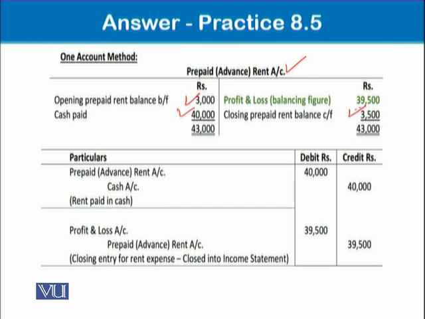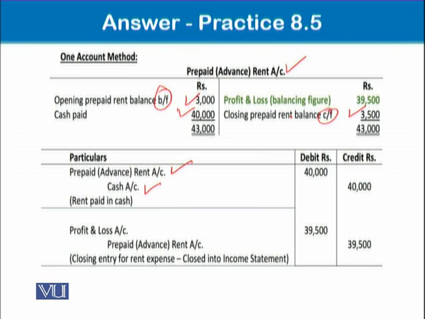The closing balance is placed on the credit side, and the balancing figure will be taken to the profit and loss. When we have paid cash, we debit the prepaid account and credit the cash account. Whenever we make payment, we credit the cash account. And for placing the balances, we do not do any accounting entry, remember.